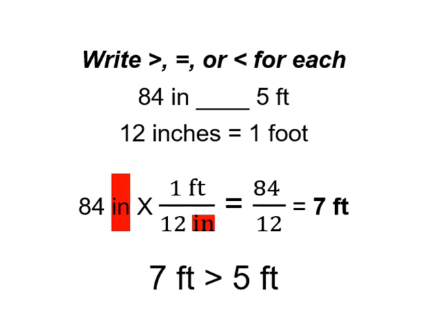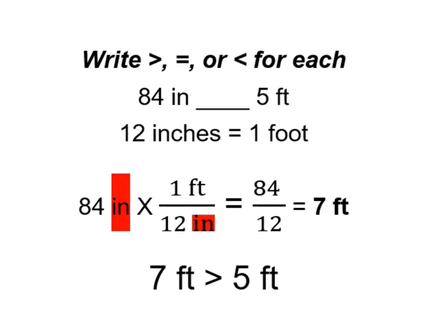When we convert 84 inches times 1 foot over 12 inches, we divide 84 by 12, and that is equal to 7, so 7 feet. 84 inches converts to 7 feet. So 7 feet is greater than 5 feet. Another way we can say it is 84 inches is greater than 5 feet.